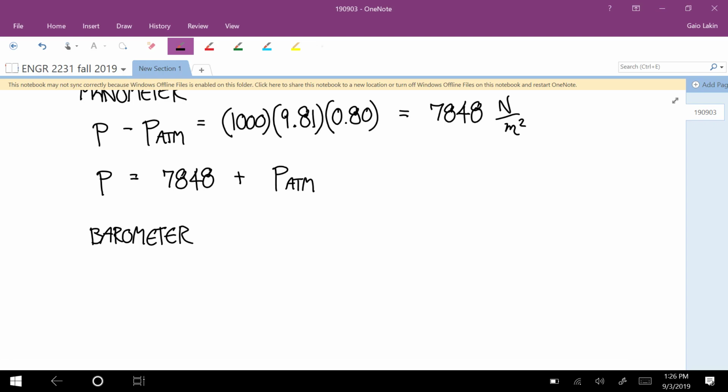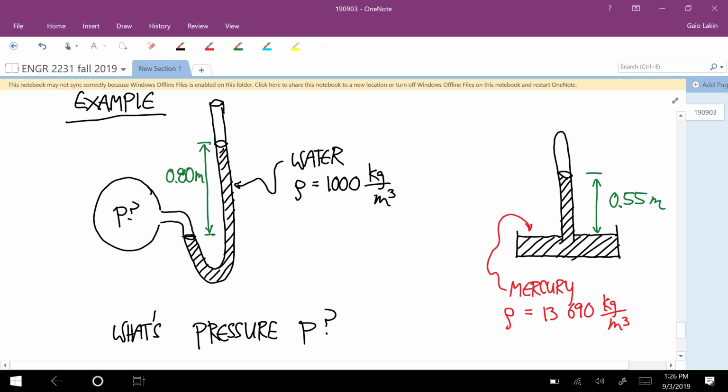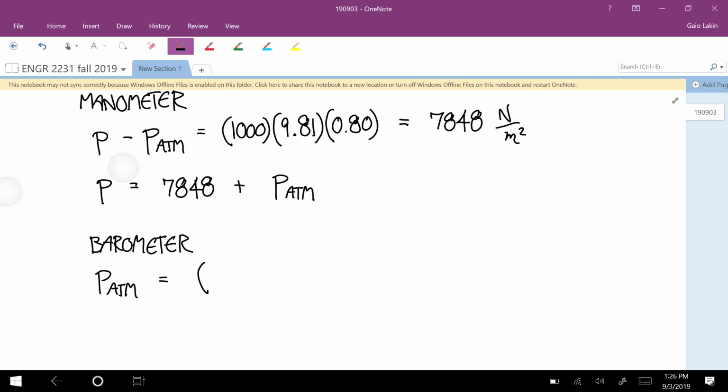And that equation says the atmospheric pressure is equal to the density of that liquid. So now we're talking about the mercury, 13,690, times 9.81. I usually just put all of these in SI units for every calculation, and then you don't really have to worry about what matches with what.